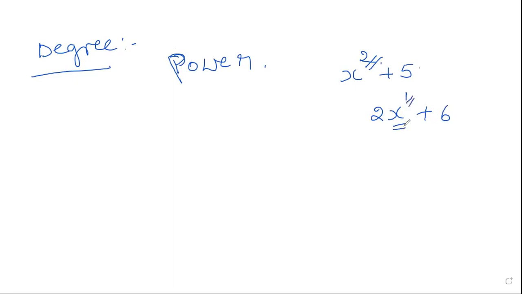It is 1. 5y cube plus 10. What is the power of the variable here? 3. 10y to the power of 4 plus 20. What is the power of the variable y? That is 4. So this is called the degree of the polynomial. These are called degrees. Degree means exponents. Okay, children.